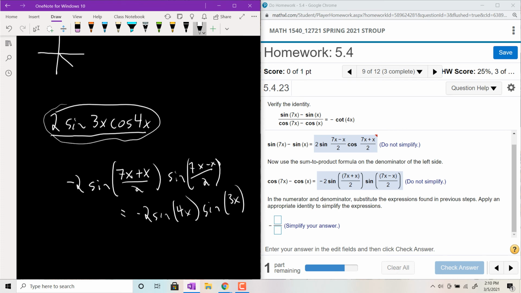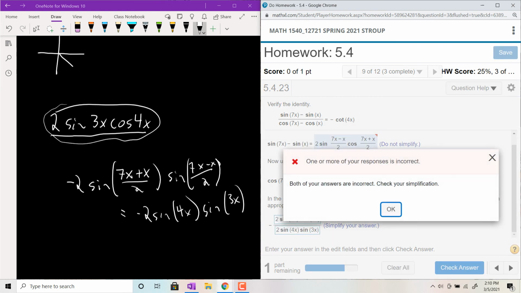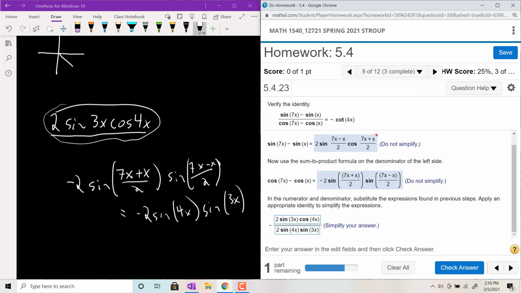So I just put that chunk in here: 2 sine of 3x cosine of 4x, and downstairs, 2 sine of 4x sine of 3x. Supposedly I can check my answer here. Ooh, they're both wrong.